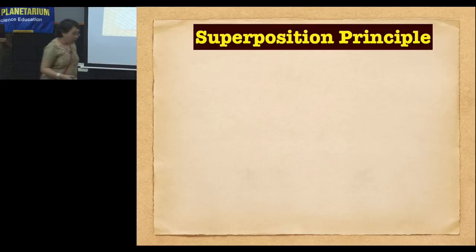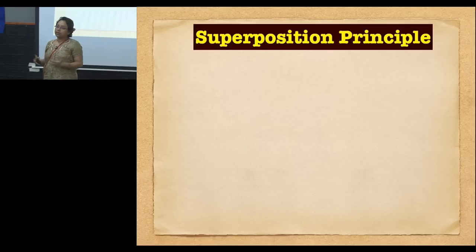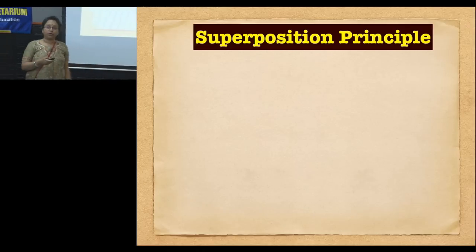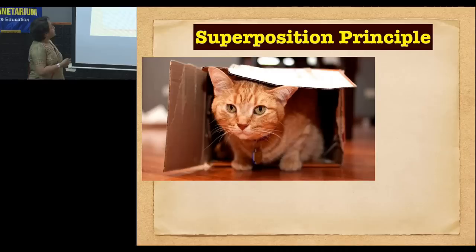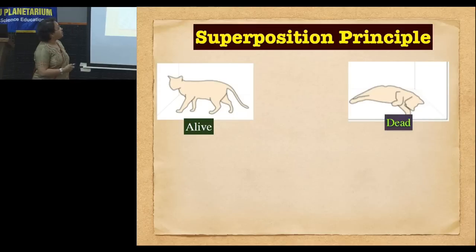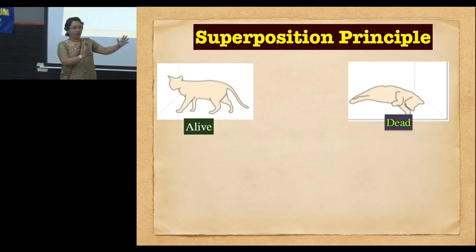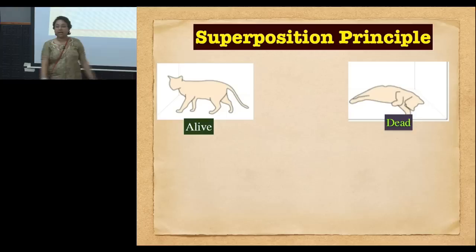Now the important ingredient for building quantum algorithms is the superposition principle. So what is that? Cat plays an important role, as you know, in quantum physics, at least many of you. So a cat can be alive. And at the same time, in the classical world, we also see independently, although sad, that a cat can be dead.